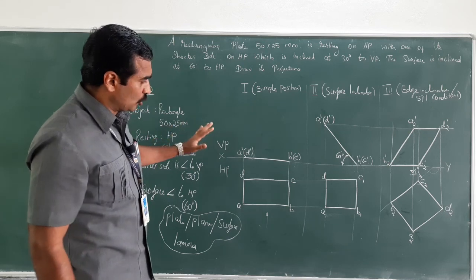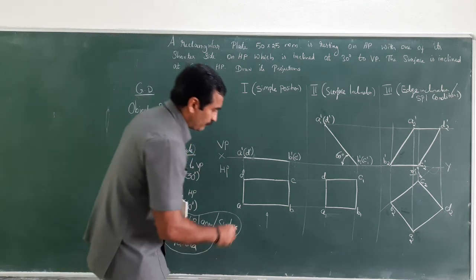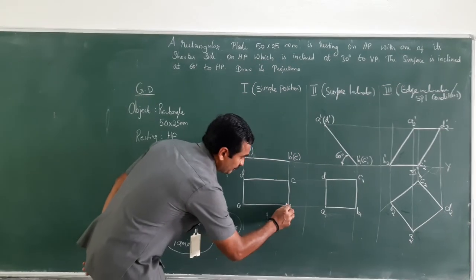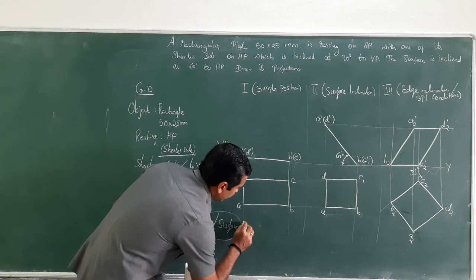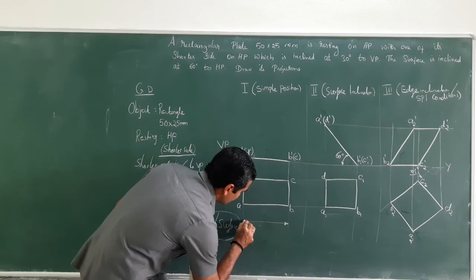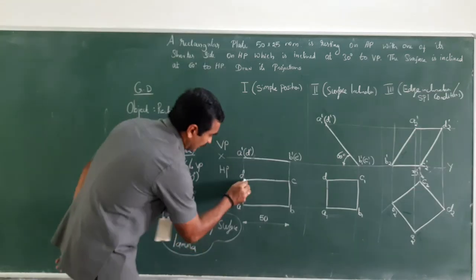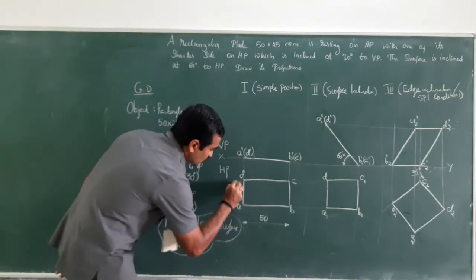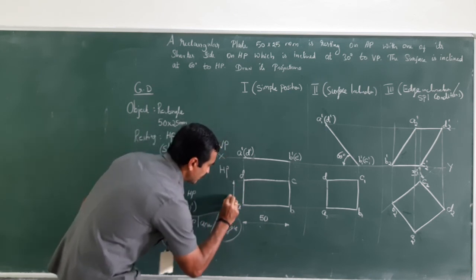Next, what I need to do? I need to draw the dimensioning of this particular object. Draw an extension line. Next, parallel to the object. So this is the longer side, which is 50, and the shorter side is 25.